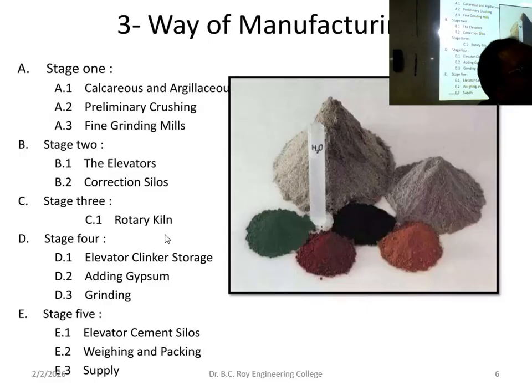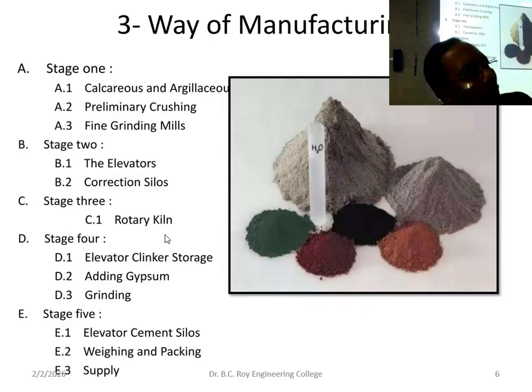So you get clinkers, some chips, that are called clinker. Some chips are formed here. It is not powdery anymore. Because of heating, they are blended together and form some sort of chips. It is called clinker. So the elevator takes it to a higher altitude, where it is stored in some reservoir or container. That is elevator clinker storage.